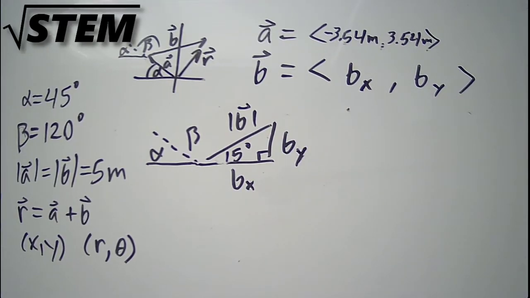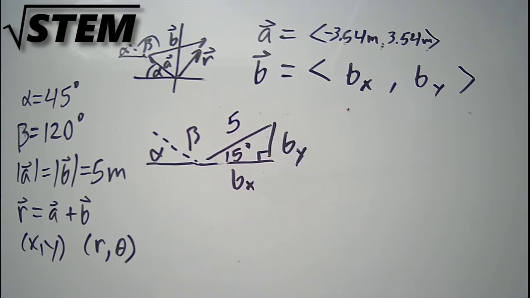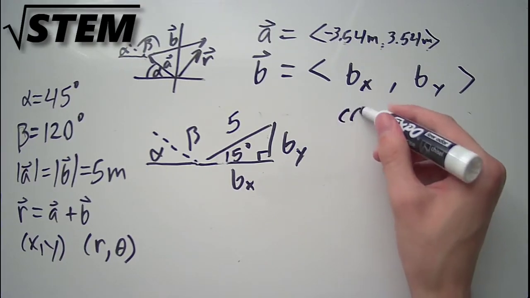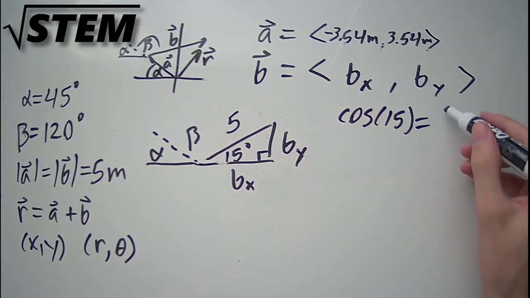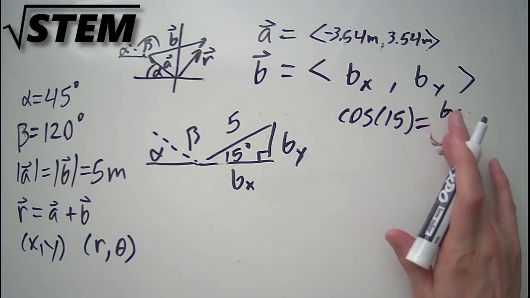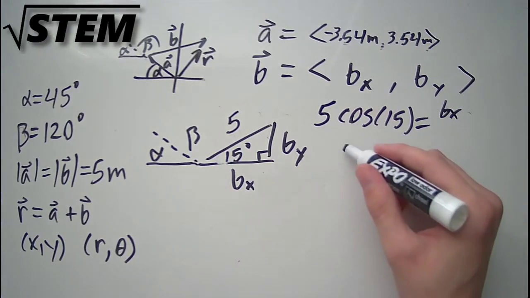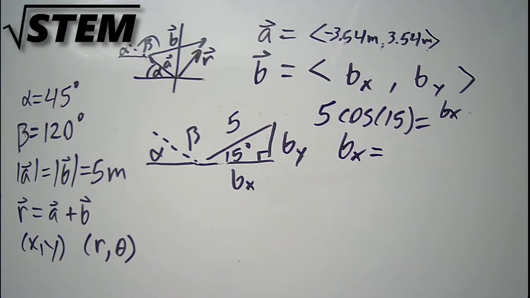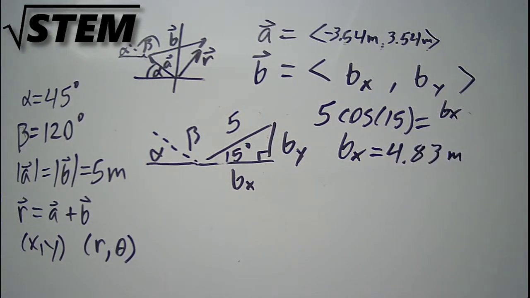Now we can just do this the same way as before. Remember that this is 5 meters, then we can use the cosine function of 15 to equal the adjacent side Bx over 5. So if we multiply by 5 on both sides, we get that Bx is 5 times the cosine of 15. So Bx comes out to 4.83 meters. And now we'll actually use the sine function since it's on the opposite side.